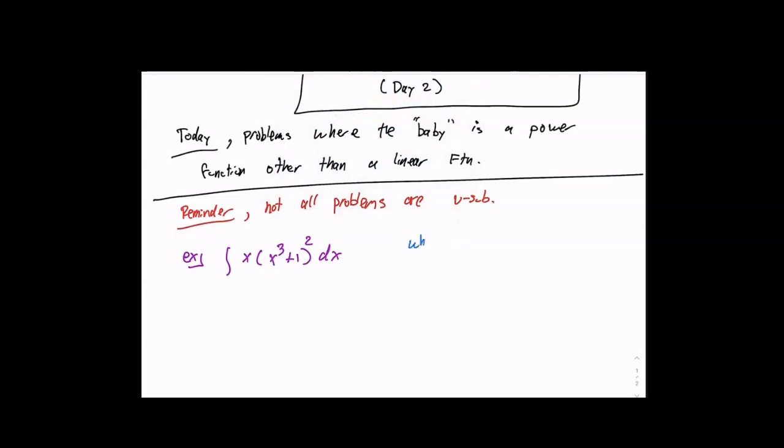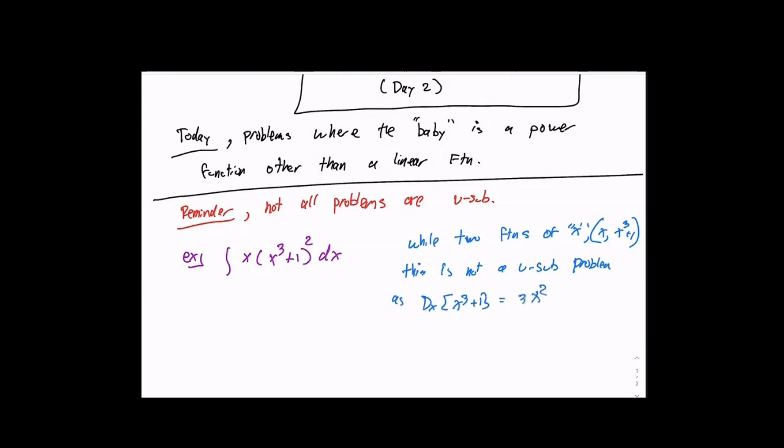While there are two functions of x, we've got x and x cubed plus 1, this is not a U-sub problem, as the derivative of x cubed plus 1 would be 3x squared.